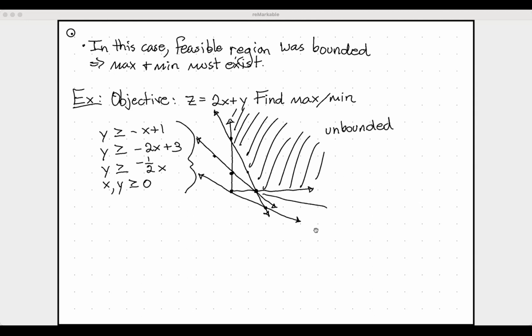This guy right here is a corner point. So let's see, what would that be? I think it's (2, 0). And then this guy right here is a corner point, and that's at (0, 3). So those are my corner points, which I can plug into z.